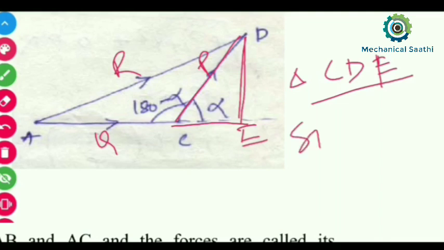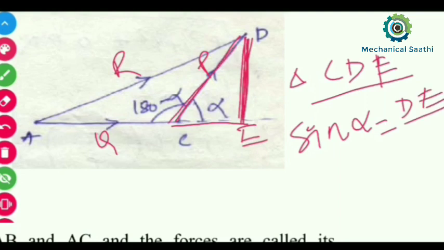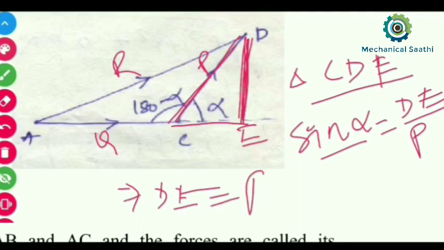If we calculate the value of sine alpha, then I can write this will be equal to DE divided by this P. So from here I can write DE will be equal to P sine alpha. So DE will be calculated as P sine alpha.